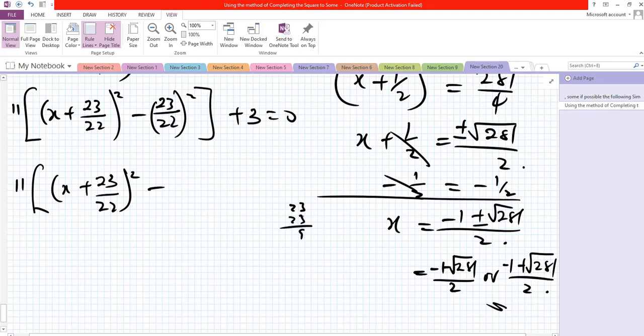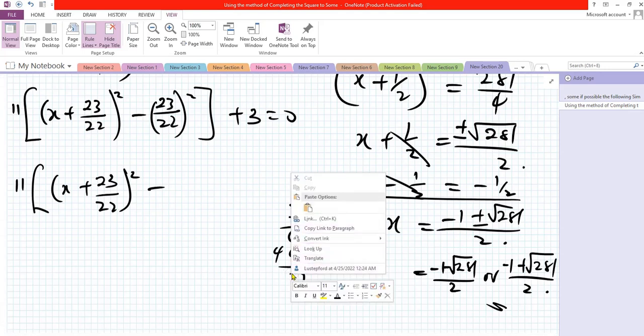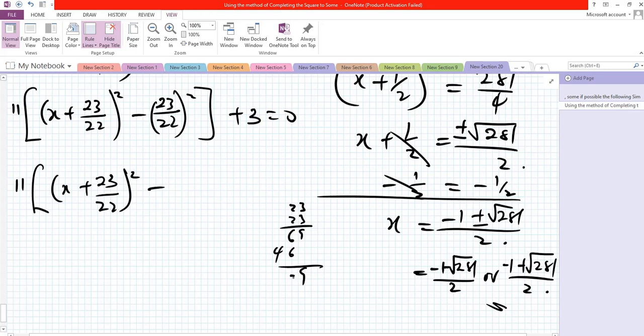This will give you 9, this is 6, this is 6, 4, 9. This is 2, 5, 29. 4, 8, 4. Bracket open plus 3 equals 0.